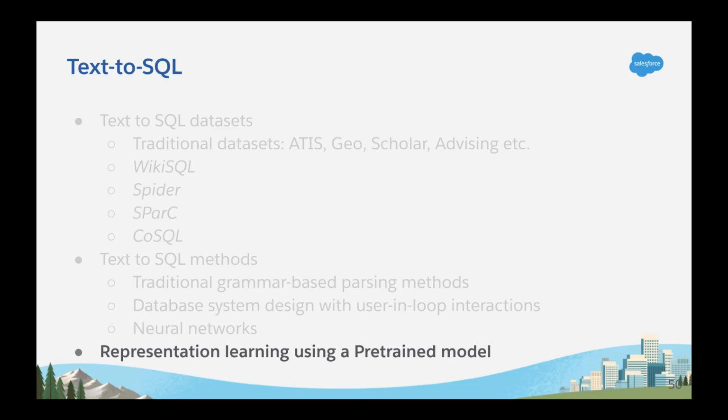So next, we want to discuss whether there is a pre-trained model specific to the text-to-SQL task.